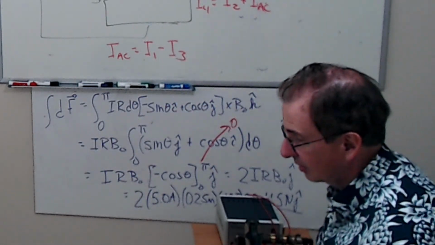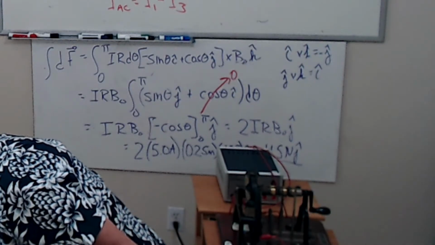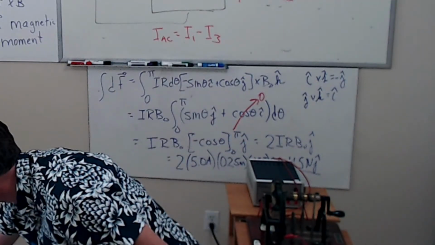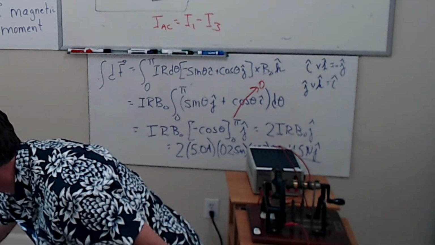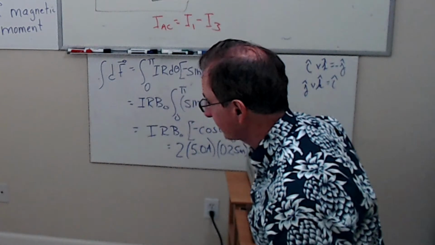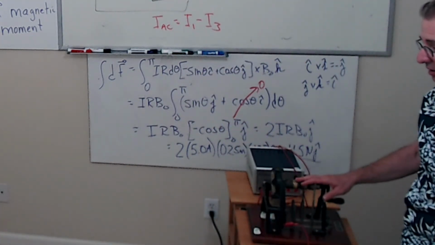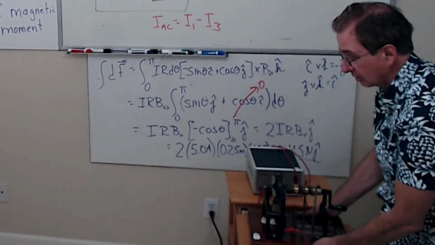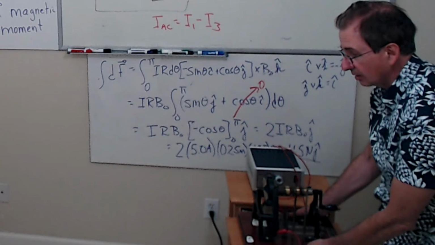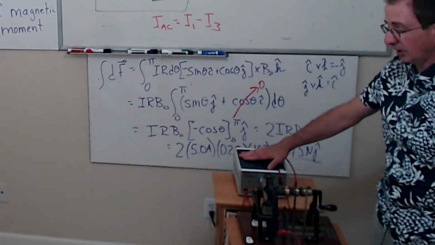Okay, let me adjust my camera some more. All right. Can you all see this motor? This is the DC motor. Can you all see that okay? And then behind it is the power supply.